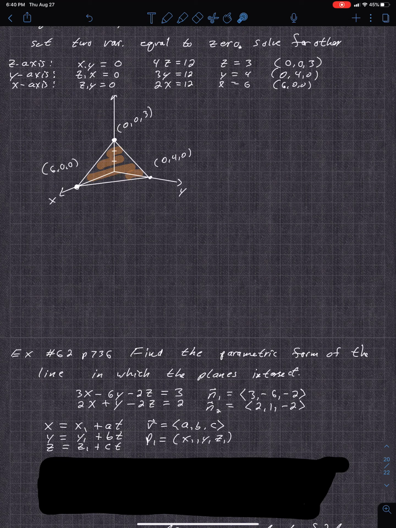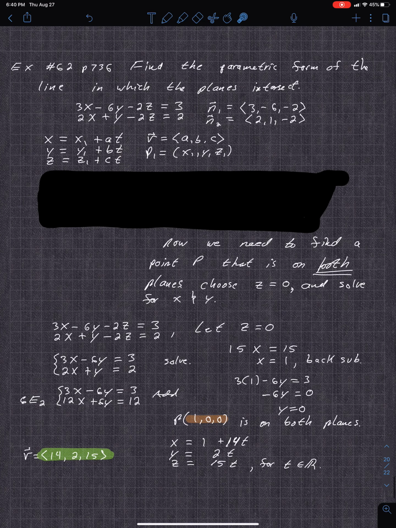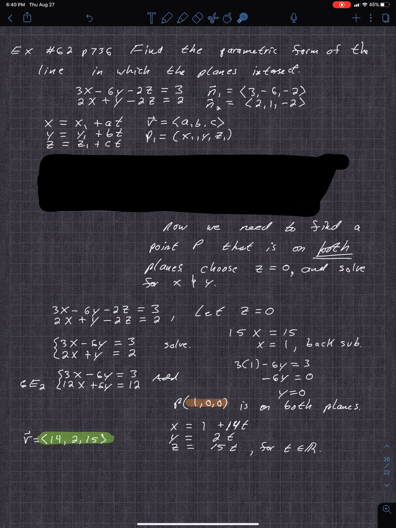So think about this: you have an intersection of two planes. How do you find a direction vector that's basically in both planes? Think about that, and then you can write up the rest after you think about it.